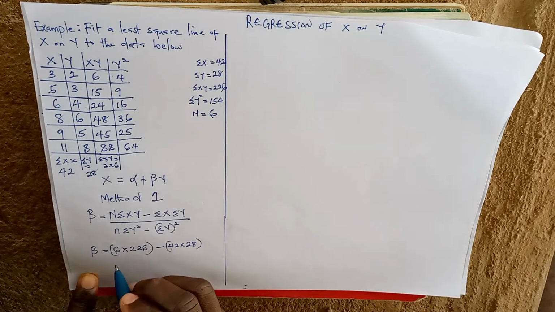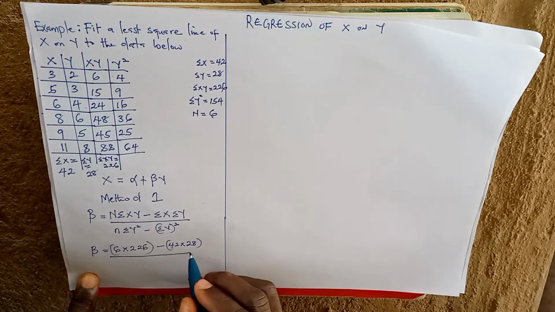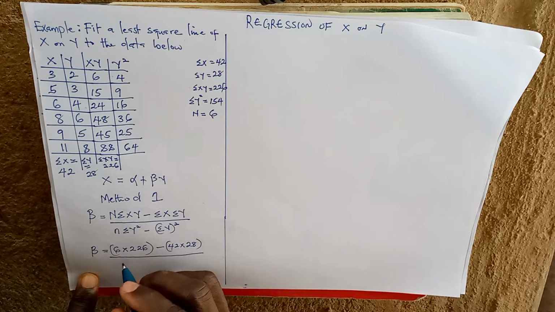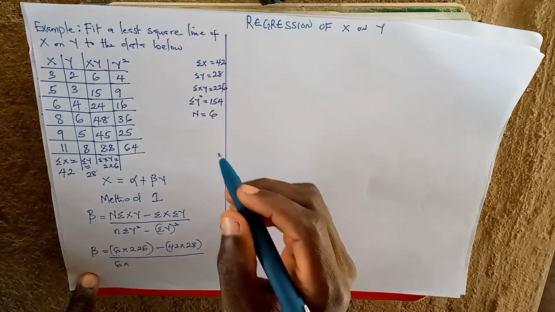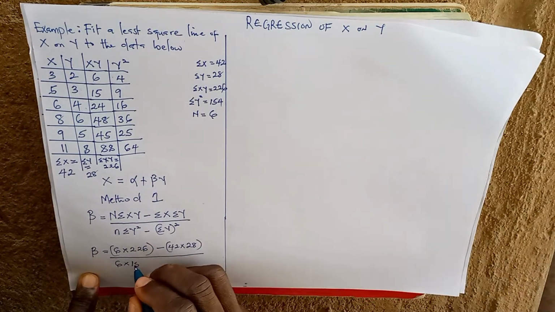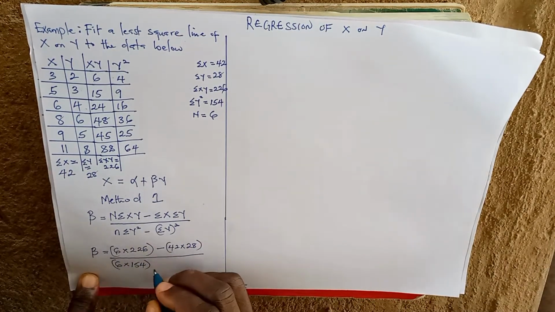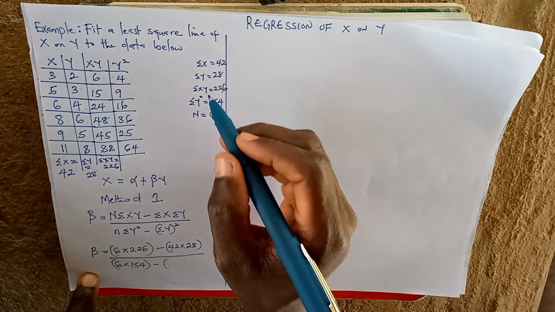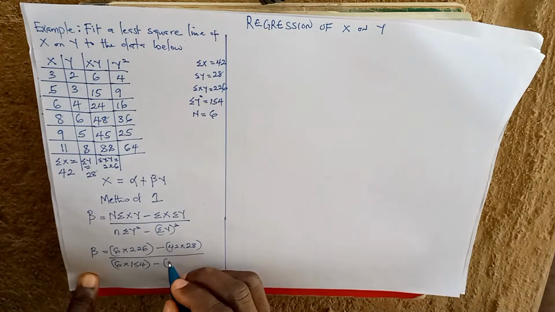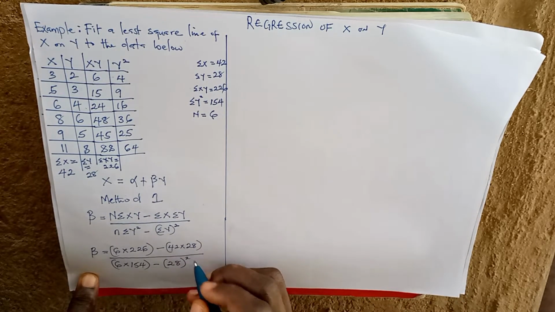So we close the bracket. Everything is divided by n, which still remains 6, multiplied by summation y squared. Summation y squared is 154, minus summation y, everything squared, and our summation y here is 28. Therefore we have 28 raised to power 2.